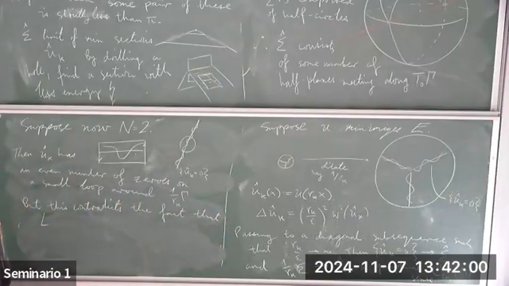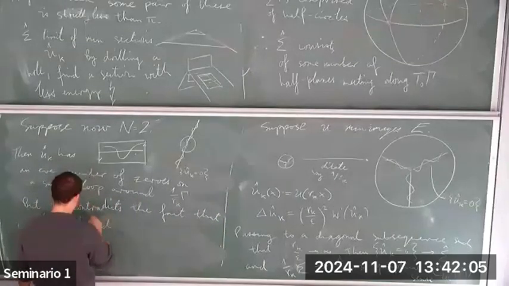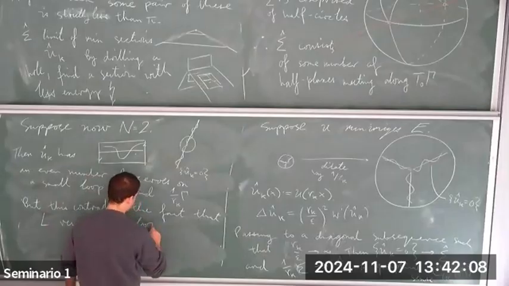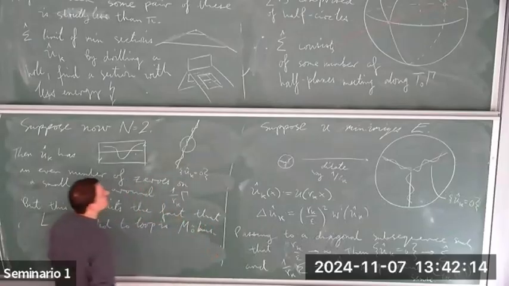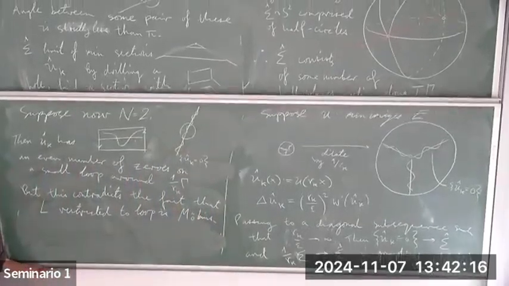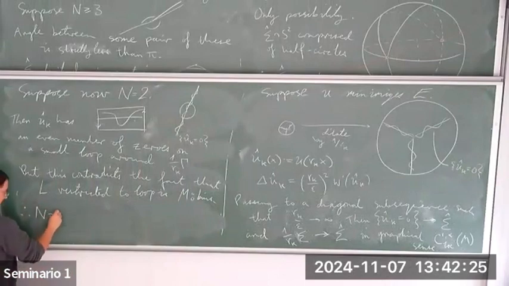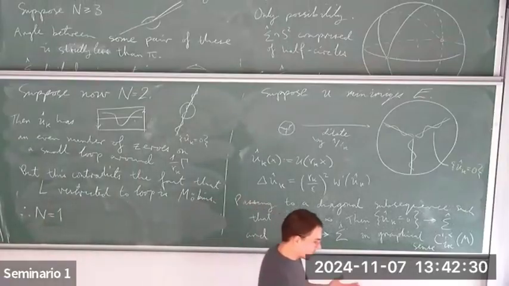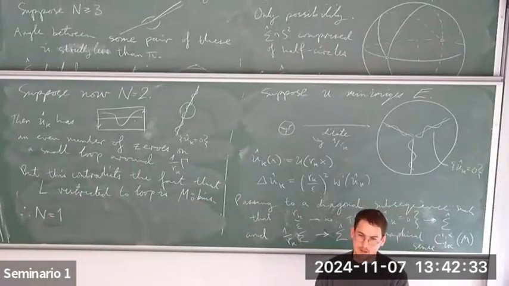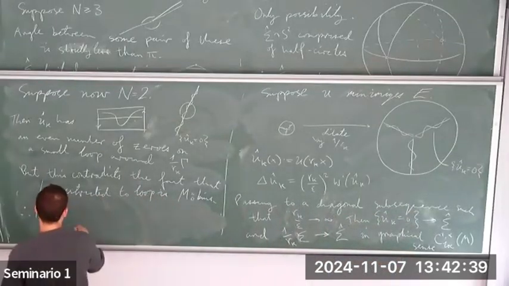This contradicts the fact that our bundle restricted to the loop is the Mobius bundle. Okay, so we've ruled out n greater than or equal to 3. We've ruled out n equals 2. So the only remaining possibility is n equals 1, which means the tangent cone to our minimal surface sigma at any boundary point is a single half plane, which is what we need to deduce regularity.